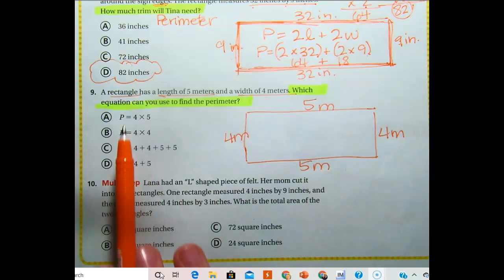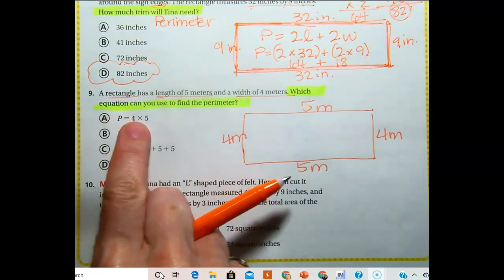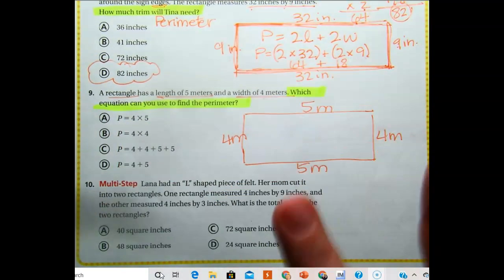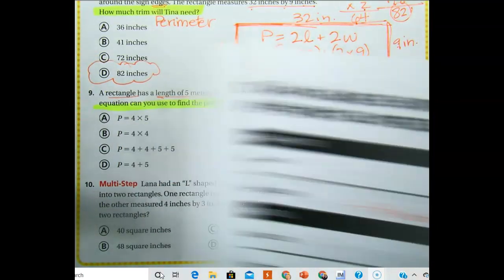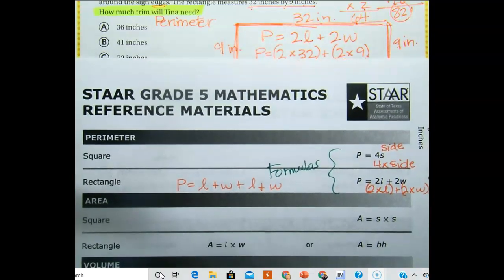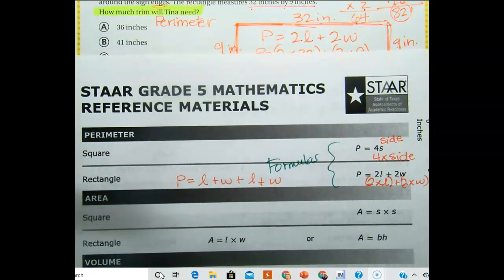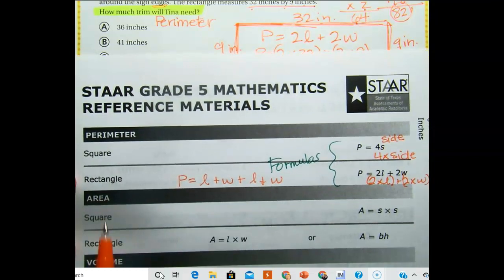Okay, so let's see which one makes sense. If we said P equals, well, wait a minute, stop. I want you right now to think about what the formulas look like for perimeter. So grab your math chart. This is a great way to do this. You could double check your answers and make sure that you're right because we like to prove it. Okay, so perimeter of a rectangle, and that's what this is.